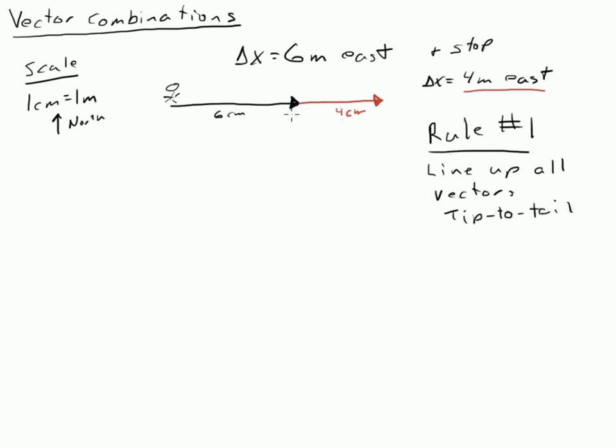So here we have the tip of the first vector, and here we have the tail of the next vector. So always line them up tip to tail. Now the example we use, it kind of made sense. If you're walking along and you stop here and you start back up again, you're going to start right here and continue on, in this case, in the direction that you went. So always line up your vectors tip to tail.